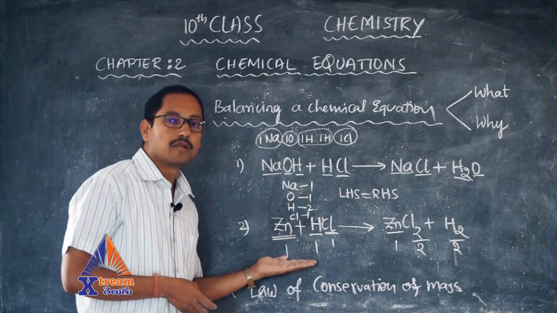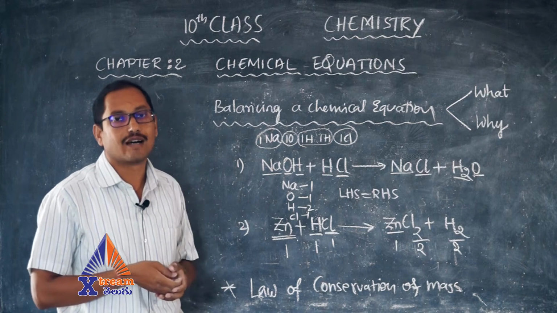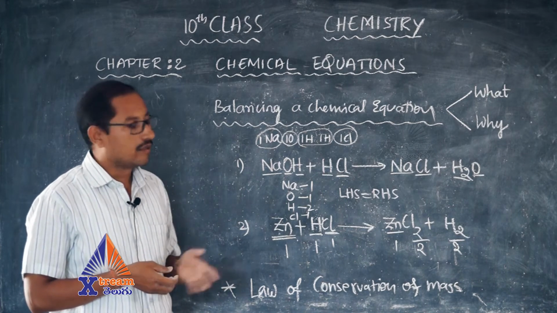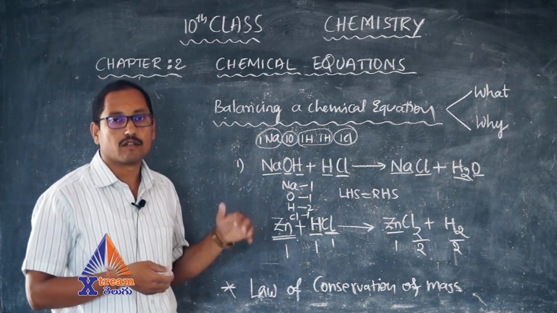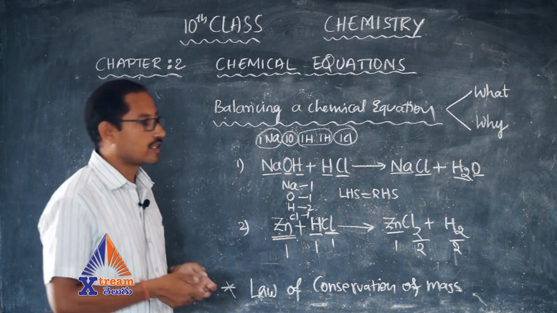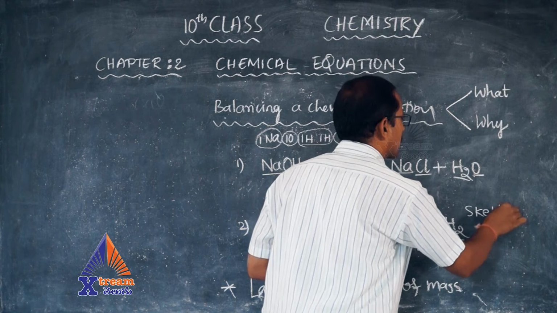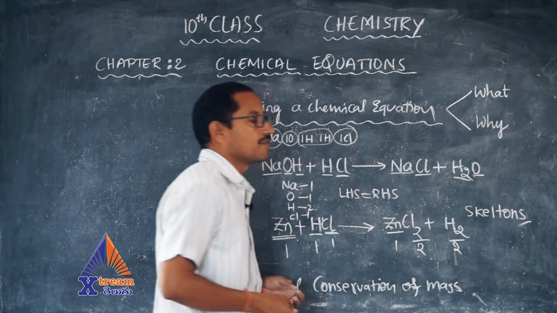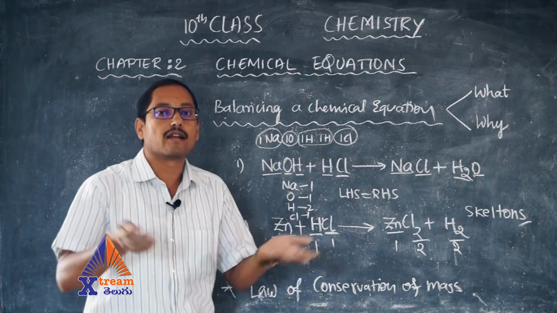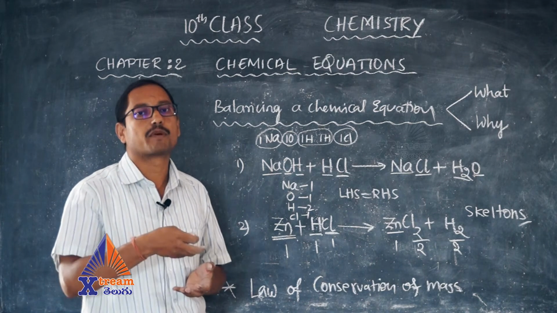Here they are less in number, on the other side they are more in number. This equation is called an unbalanced equation. This is a basic equation which is correct in fact but not balanced. Such kind of equations are called skeleton equations. Every time skeleton equations need to be balanced. We need to balance them by proper calculations.